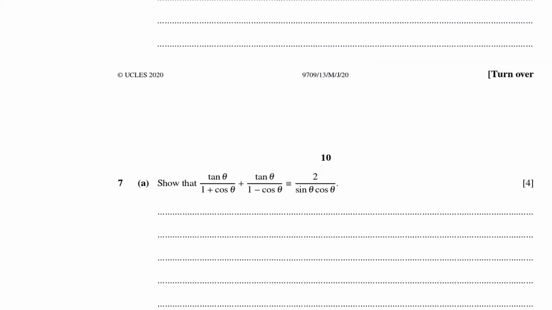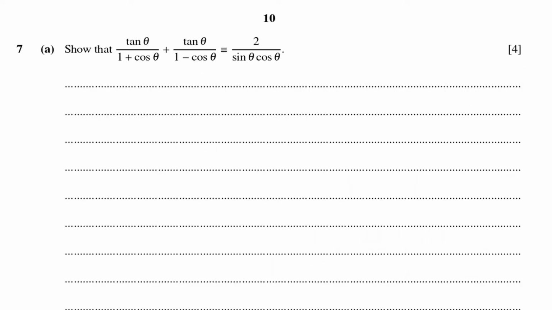Let's scroll down to number 7. Number 7, part A. Show that tan theta over 1 plus cos theta plus tan theta over 1 minus cos theta is identical to 2 over sin theta cos theta. So to prove this identity, I'll select the left-hand side.